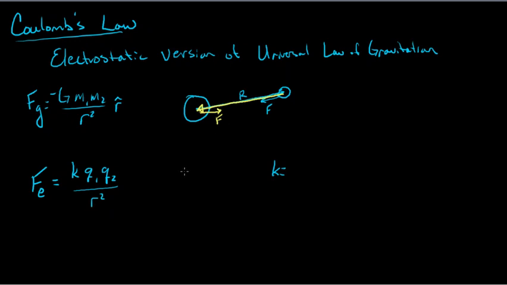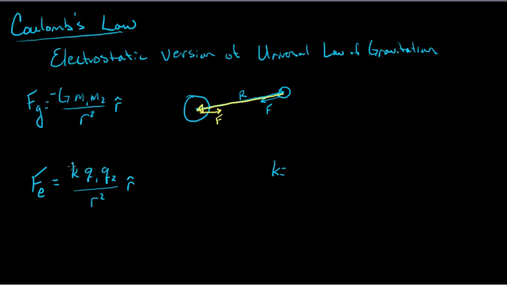Oh my gosh, it's the same equation, right? Instead of mass, it's charge, and we just have a different constant, and we still have this r hat, which just says it's in the direction of the radius.